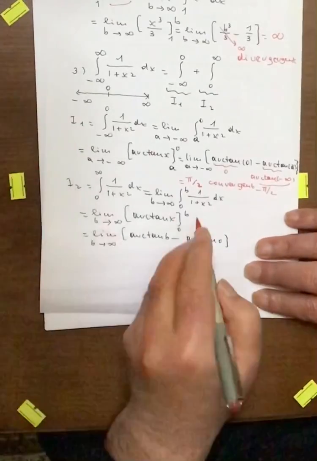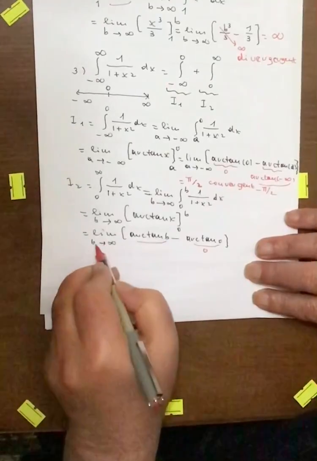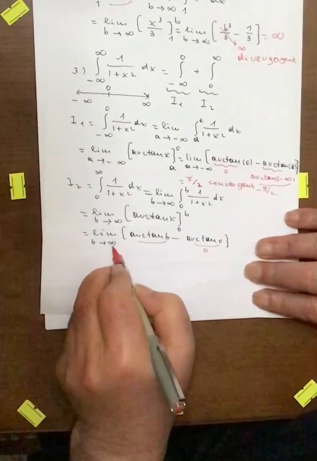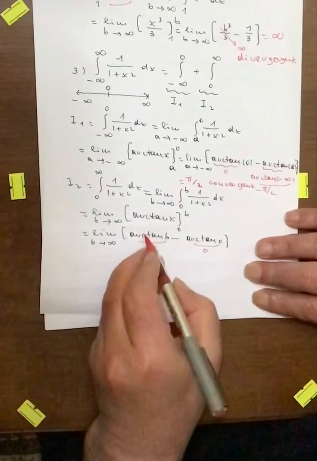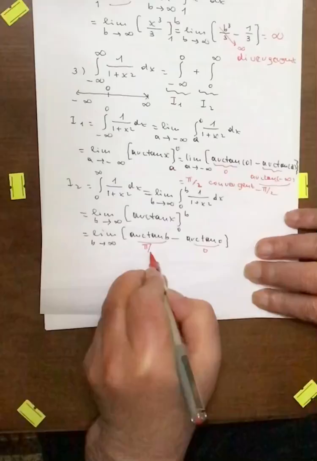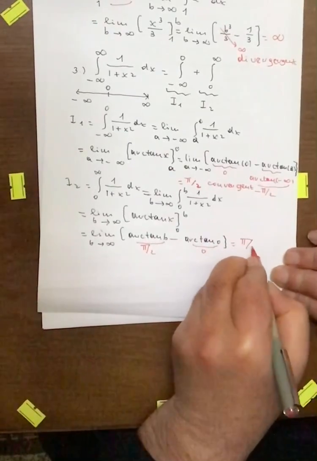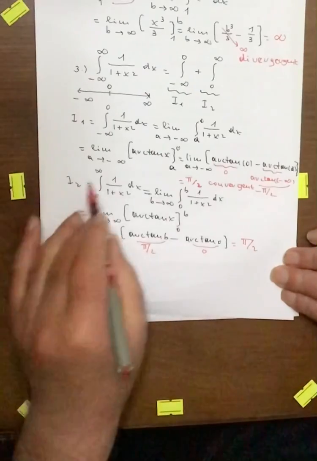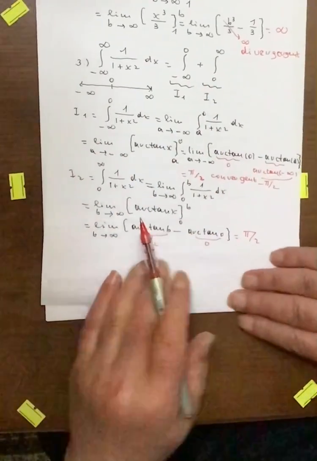Arc tangent 0 is 0, and as b tends to infinity, arc tangent infinity is pi over 2. Our result is pi over 2. Again, for the second part our integral is convergent.